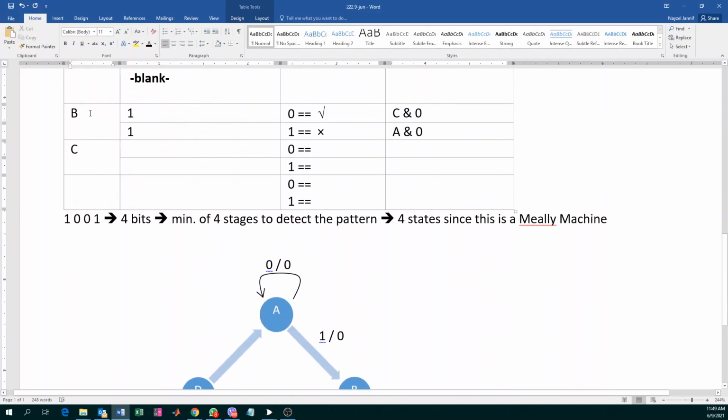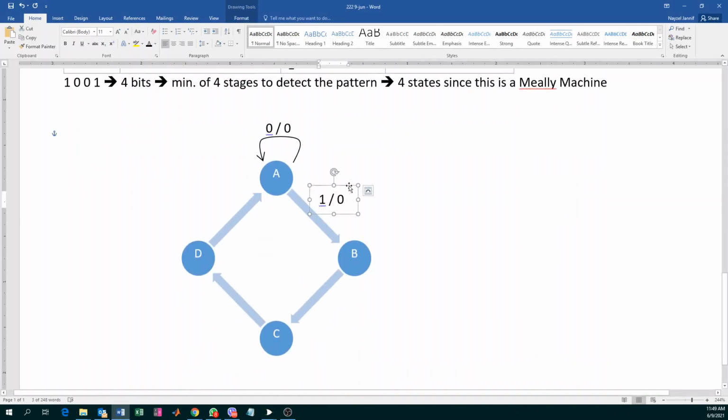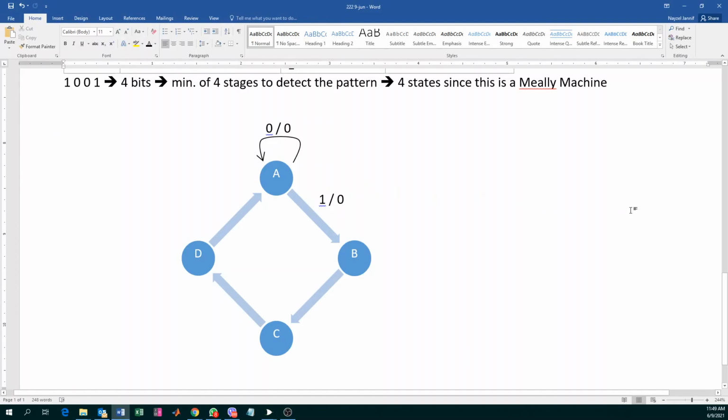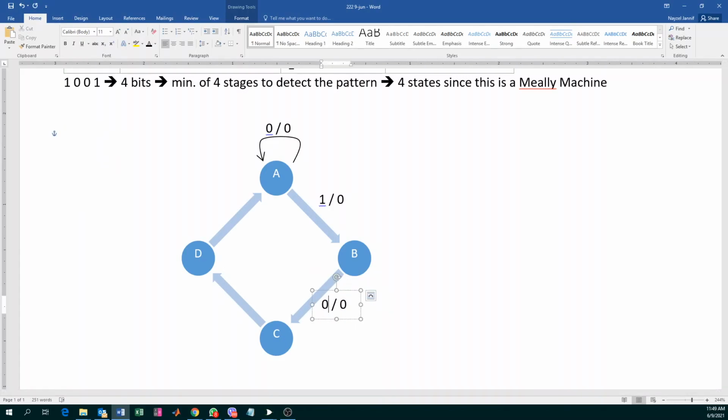So you're in B, and if your input was a 0, you then went to C, but your output will still remain 0, right?